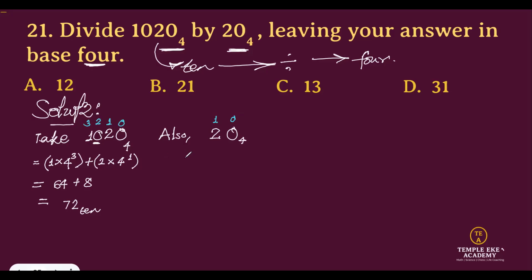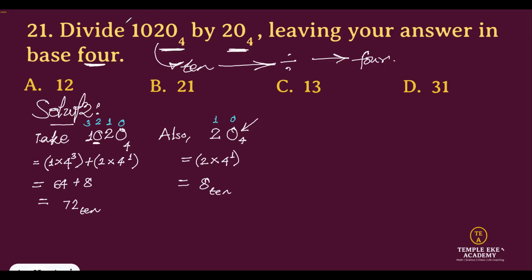And this is going to give us the first digit, which is 2, multiplied by the base, which is 4, raised to the power 1 written on the 2. And we can, of course, bypass the calculation with the 0, because 0 multiplying any number will give us a 0. And upon evaluation, 4 to the power 1 is 4, multiplied by 2 gives us 8, also in base 10. And now the division can be done.